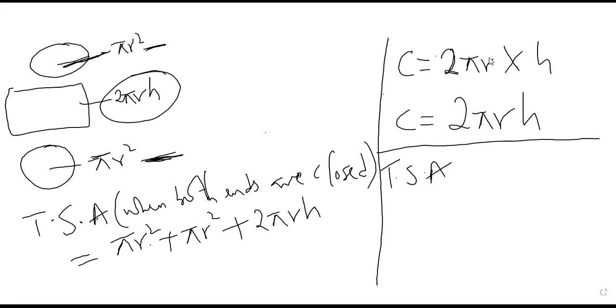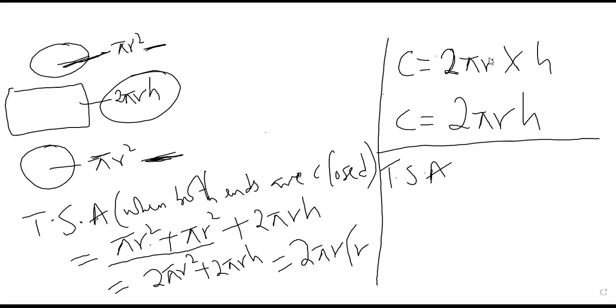So adding up everything, pi r squared plus pi r squared is going to give us 2 pi r squared, plus 2 pi r h, which at the end, by factorization, is going to give us 2 pi r into bracket r plus h.